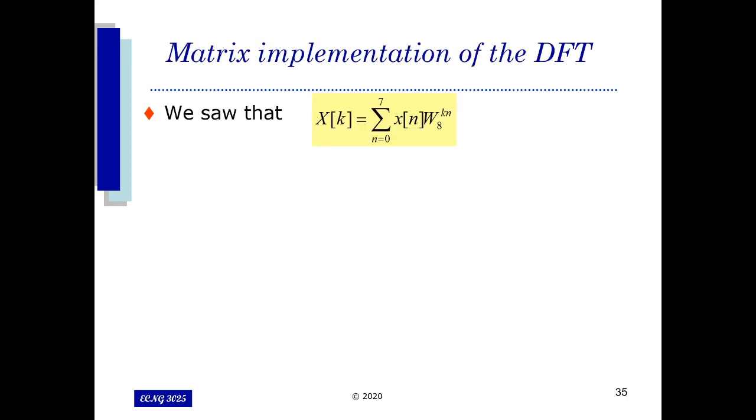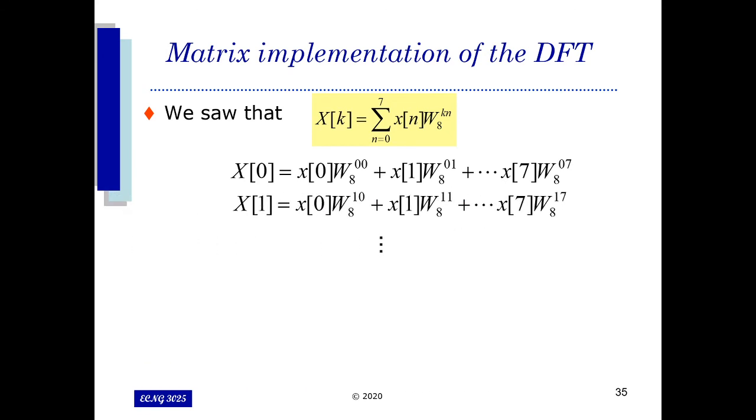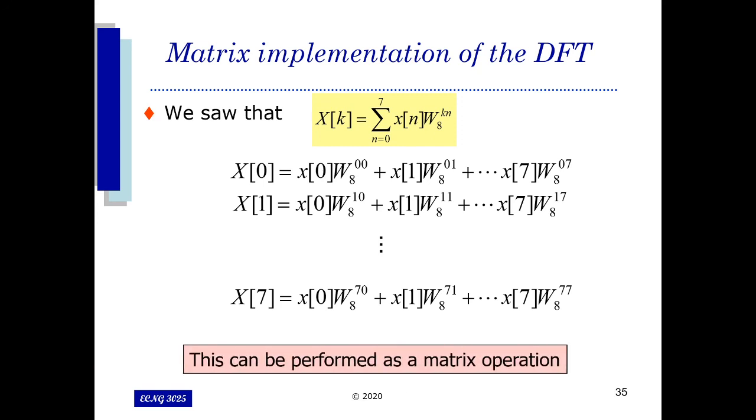So I'm going to show you how the calculations keep going here for the DFT. But programmatically, this can be performed in a parallel nature instead of a sequential nature. The reason for this is that this is actually a matrix operation. We can separate the DFT into a matrix operation using this form here.